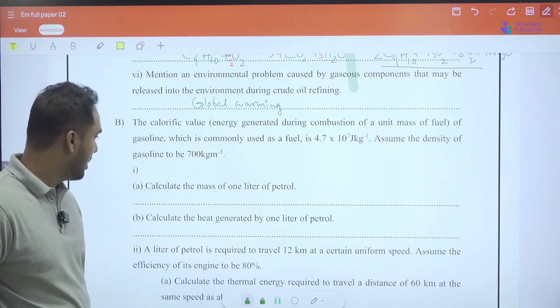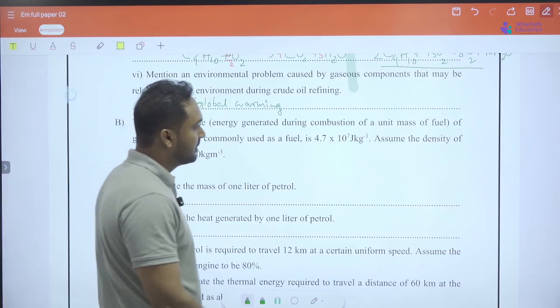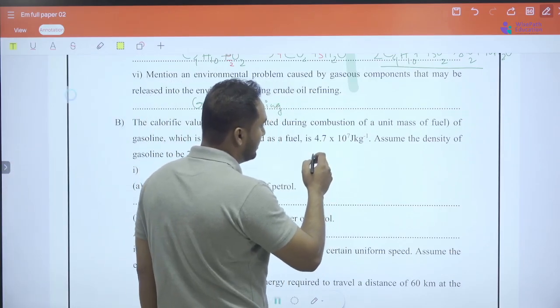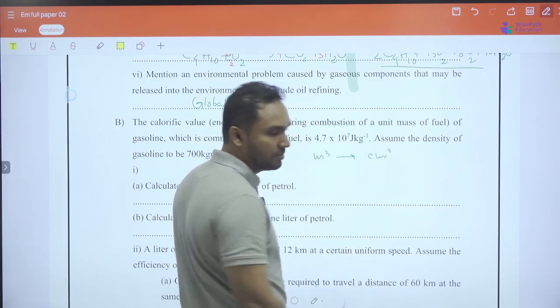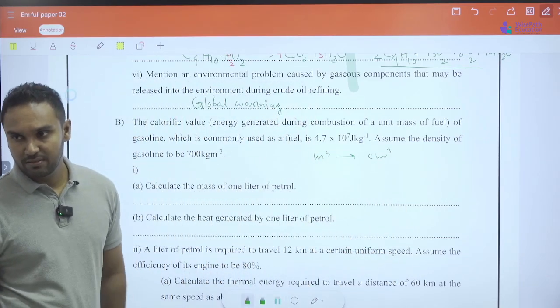Now if you are not sure, you have to convert it. You convert the cubic meters into cubic centimeters first, because we know 1000 cubic centimeters is 1 liter.